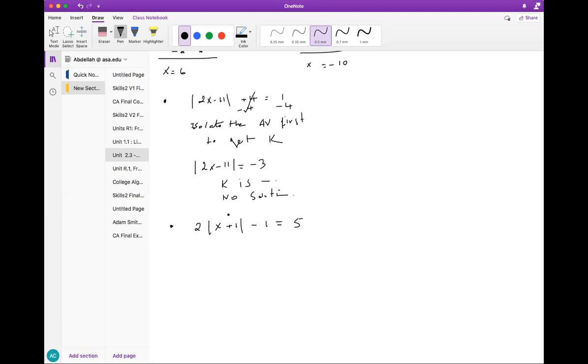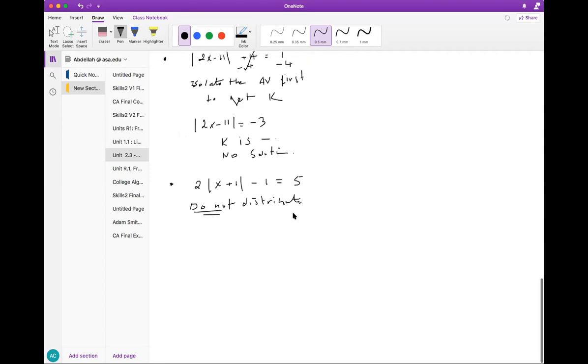So do not distribute, instead isolate. Very important, because otherwise you will only find one solution.